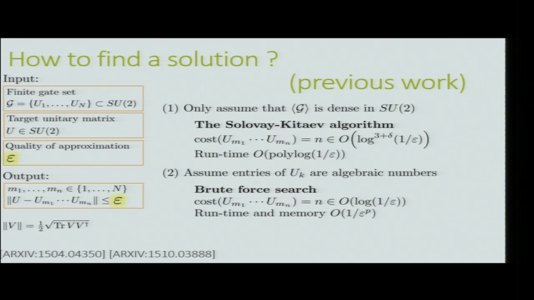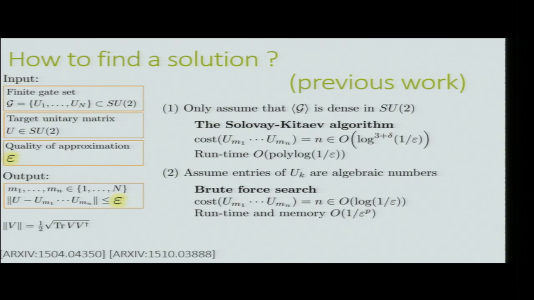And so the other side of the question, right? If you do a brute force search, you basically enumerate all sequences up to a certain cost and just do a lookup, right? And this is known to scale: memory and runtime will just scale like 1 over epsilon to some power p, a positive constant.